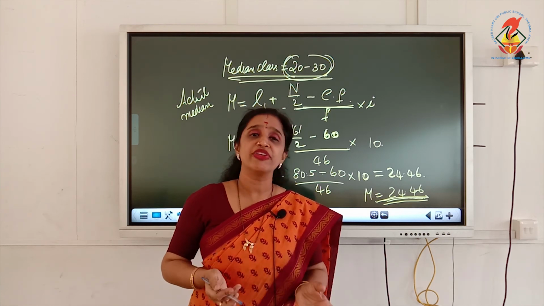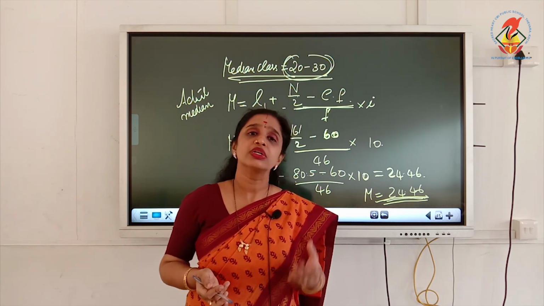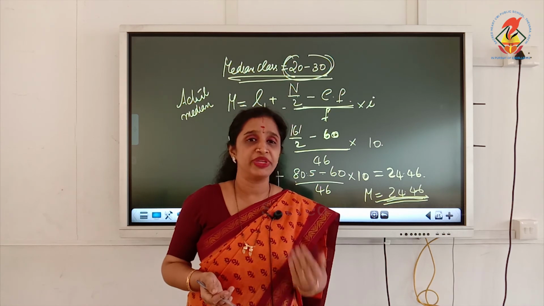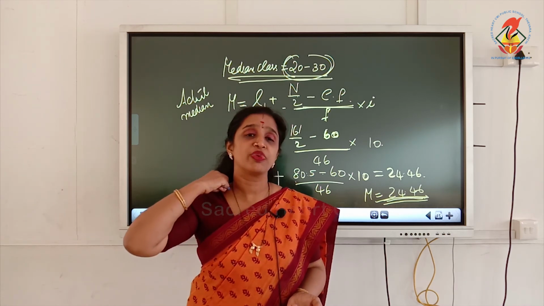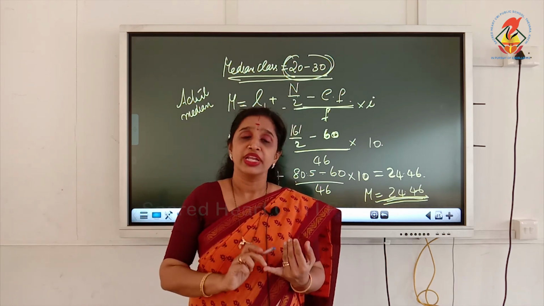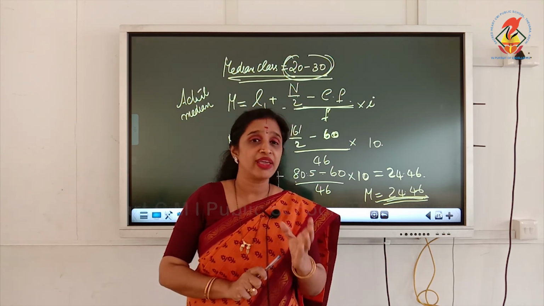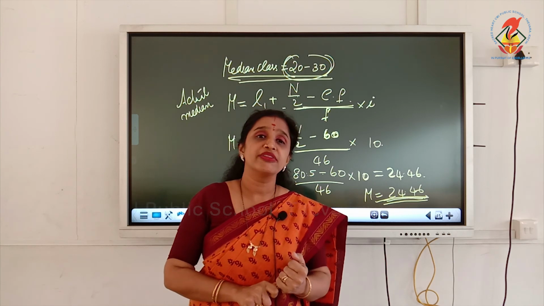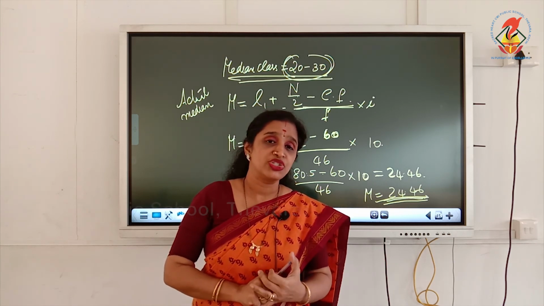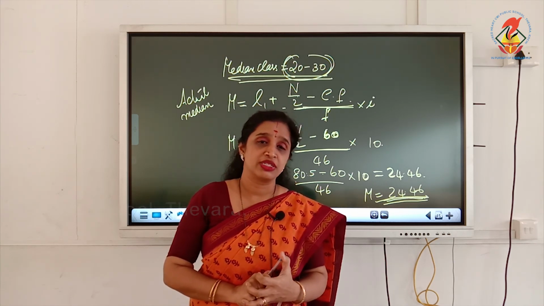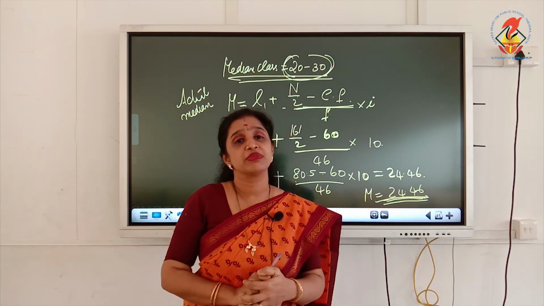This is how we calculate the median for a continuous series. So, we follow different procedures to find the median in each series. Once again I will remind you, for calculating the median in an individual series, if your n is an odd number, apply the formula m is equal to size of (n plus 1) by 2th item, because when it is added with 1 it becomes an even number.